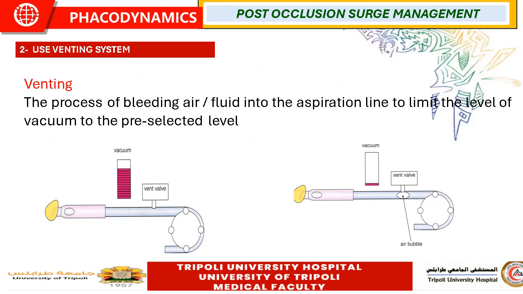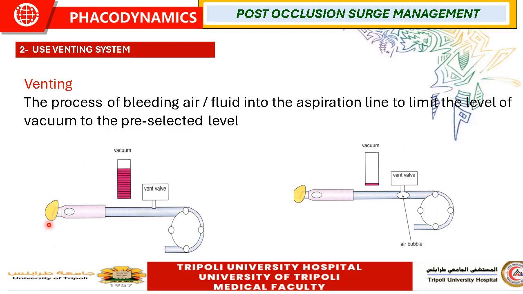Now we come to the second measure that counteracts the occlusion surge, which most of the recent and modern phaco machines are equipped with, known as venting. Venting simply means the injection or bleeding of air or fluid into the aspiration line to neutralize the vacuum in the aspiration line to the preset value.